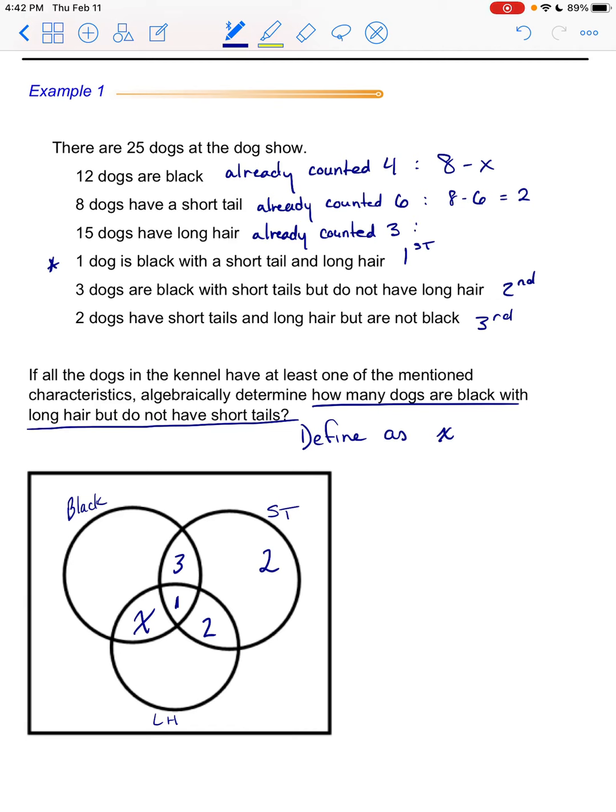So we'll start with 15 minus the 3 we've already counted minus the x that we don't know, which gives us 12 minus x. So I'm going to put the 12 minus x right there. And I'll put our 8 minus x for black dogs there as well. So now our Venn diagram is filled out.